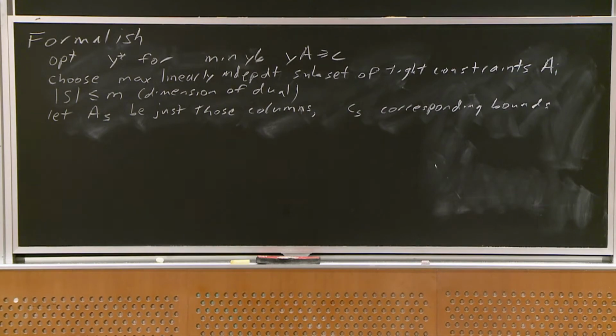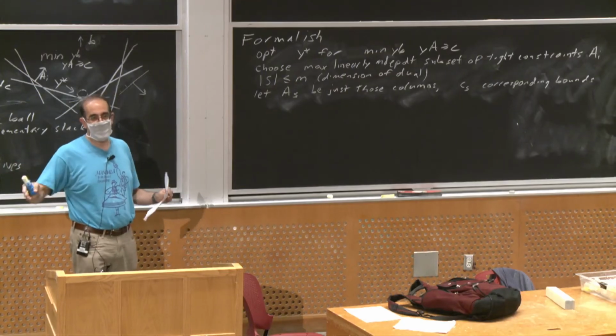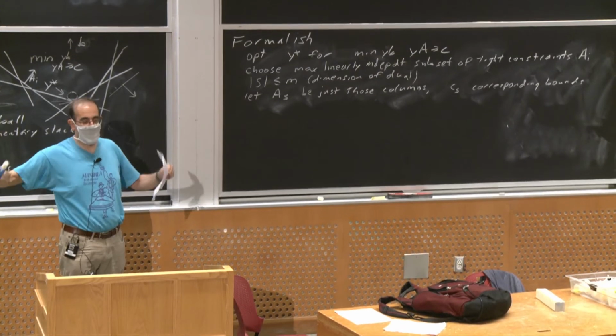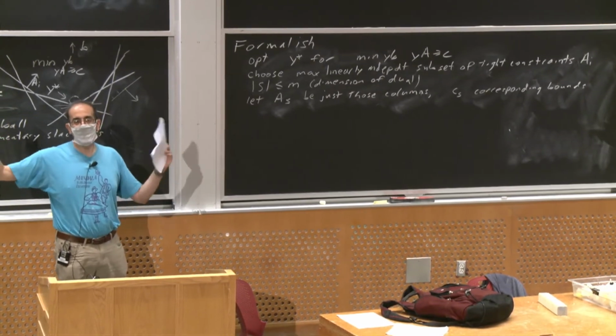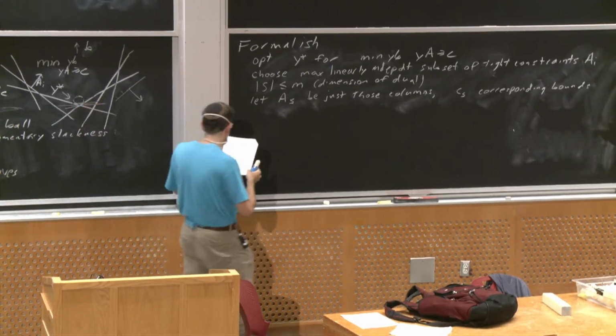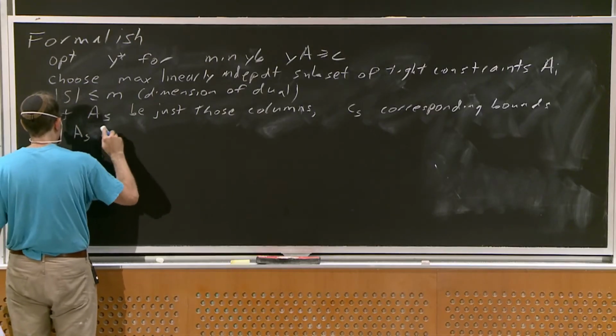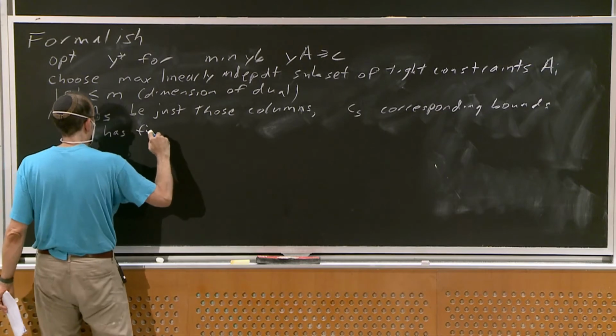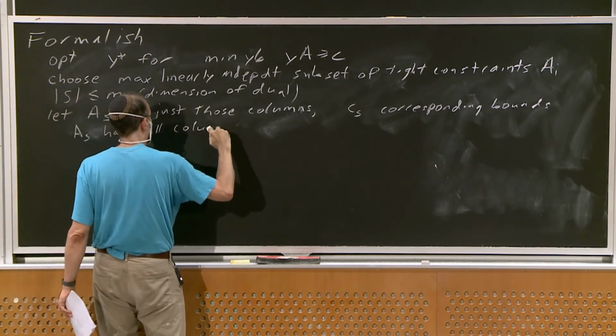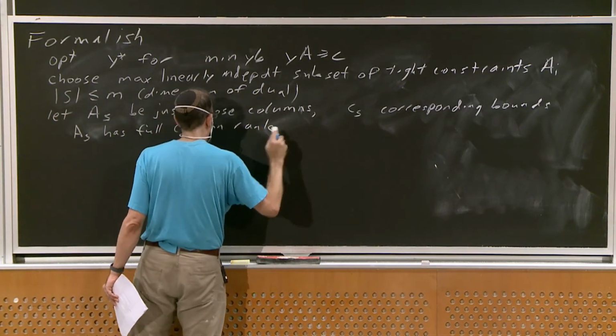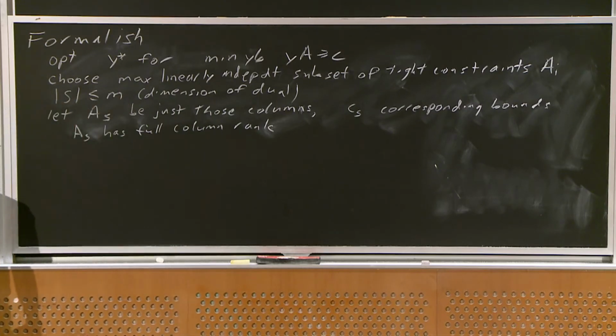Okay, so I'm going to drop all of the slack rows, slack columns, and I'm going to drop the linearly dependent ones, right? So what this means is that A sub S is going to have full column rank because I chose the columns to be linearly independent, right?